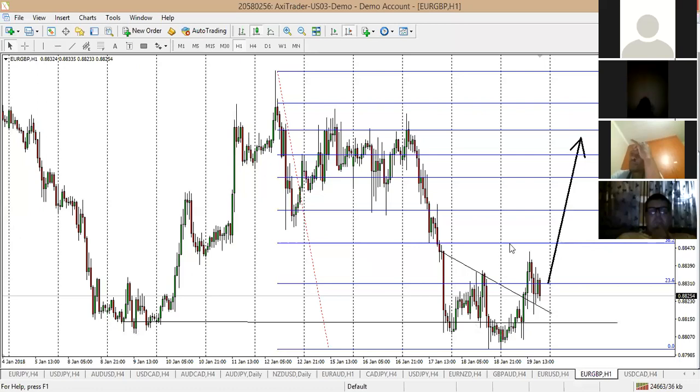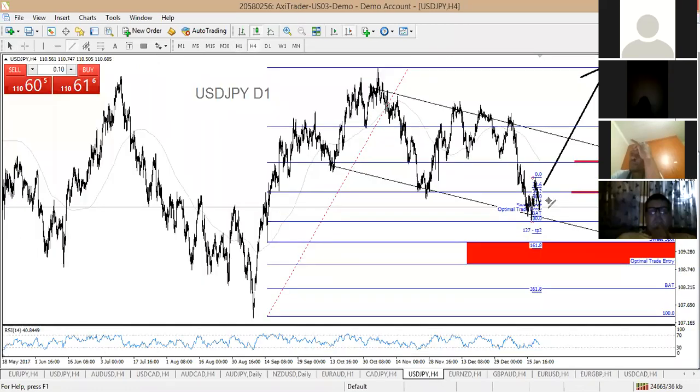Last week, on our previous session, I said that we might be reaching here and going up. But currently, we're expecting some bullish momentum on this pair. We must go up here or head down straight to this point.